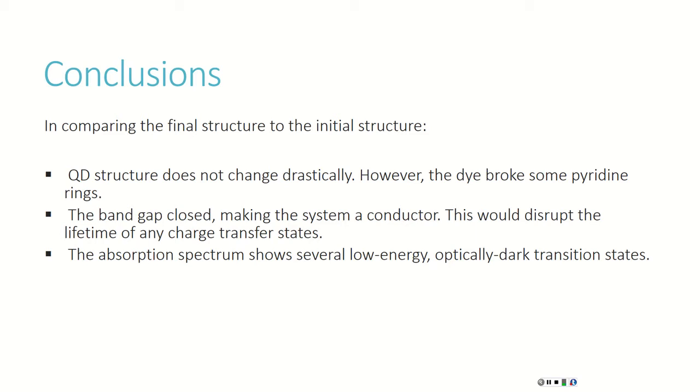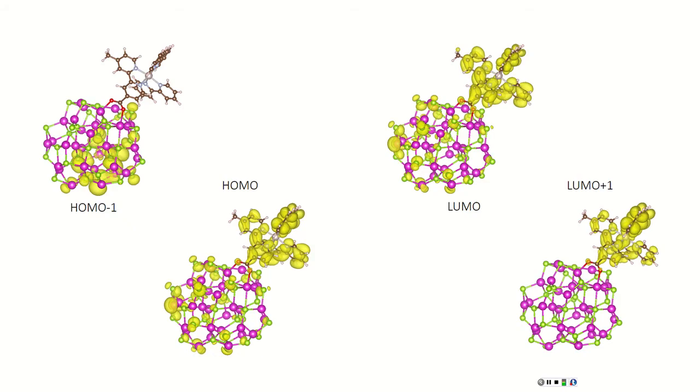I would have liked to actually show orbitals, but I was only able to get orbitals to work for before heating. After heating, it just refused to print hard charge files. So here's what they look like before heating. We have definite signs of charge transfer, which is what we're looking for in the quantum dot dye structure.